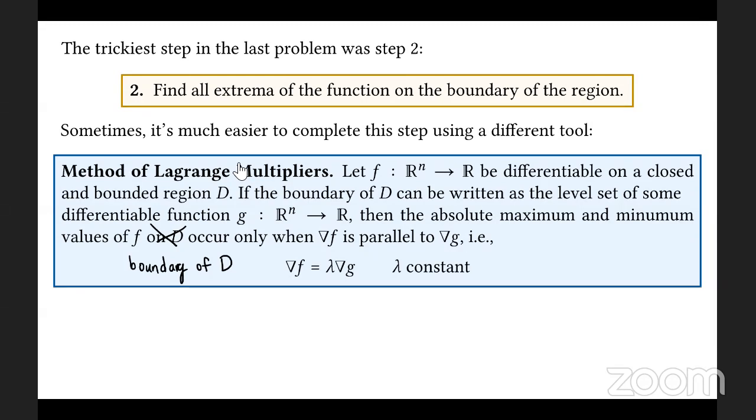That's not even necessarily the case, because let's say the boundary of the region is x squared plus y squared equals 1, and you can easily incorporate that equation into your function. For instance, let's say you're trying to maximize x squared plus y squared plus 4 or something. Then you can just incorporate the equation x squared plus y squared equals 1 into your function, just as you would before.